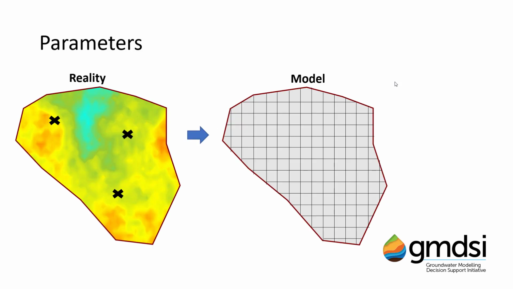The translation of real-world parameters to a model requires assigning parameter values to every single cell in that model. These can include any model input, such as hydraulic properties, like hydraulic conductivity, storage parameters, recharge, values of boundary conditions, and so on. And as previously discussed, these parameter values in the model cell actually represent some upscaled average of the real-world system properties and processes.